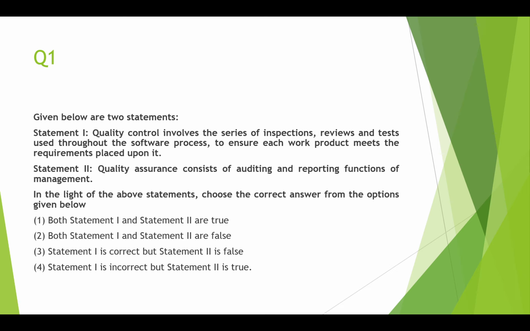Yes, this is correct. Quality assurance consists of auditing and reporting functions. Yes, both are correct. So the answer would be option 1: both statements 1 and 2 are true.